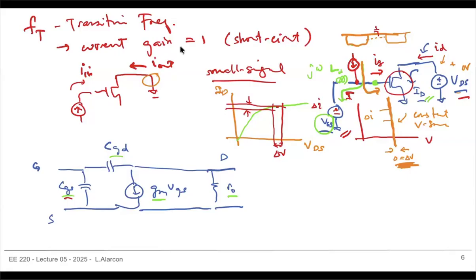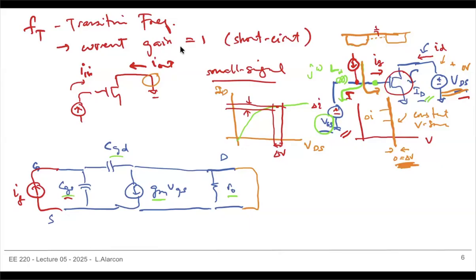If you do that, then I can look at my model and say that looks like me putting in some small signal input current. And then this is going to be connected to a voltage source, which means the drain from the small signal point of view is shorted.